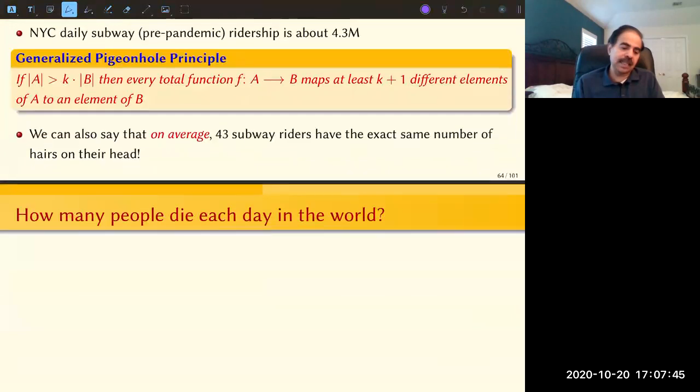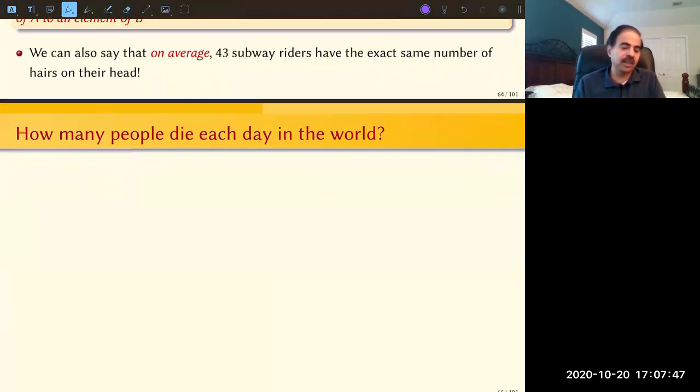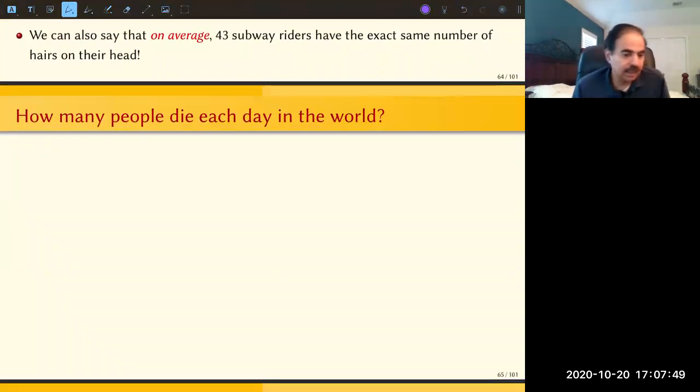Okay, so let's ask another problem, right? So we know that COVID has killed a lot of people in the world, right? So I think it's about 1.1 or 1.2 million people that are dead because of COVID, right? So that seems like a very large number. But we want to understand the context, right?